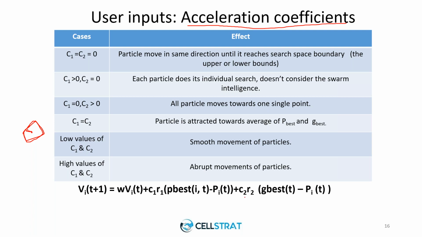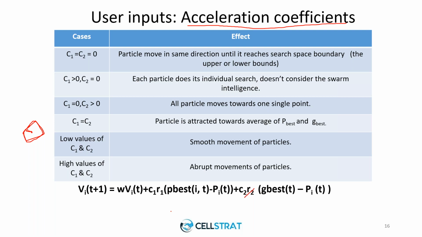And what happens when C2 is zero? Then there is no swarm intelligence actually. It will not have any information of the global best, and it will just keep rotating around its local position.